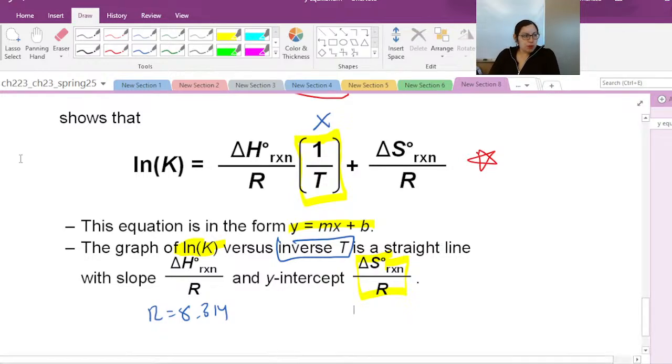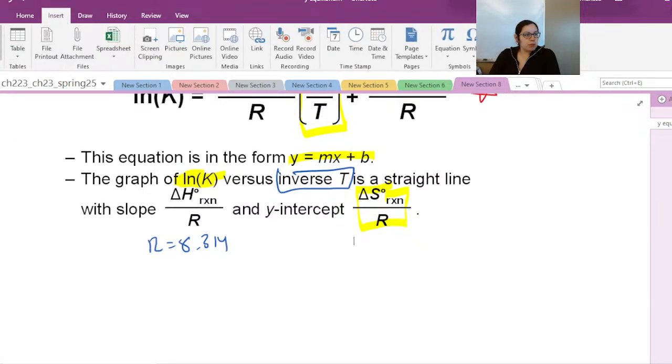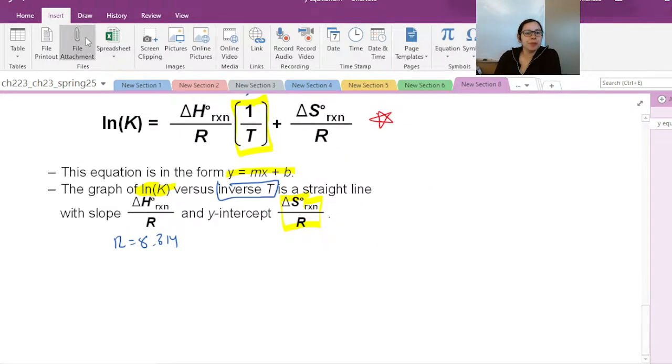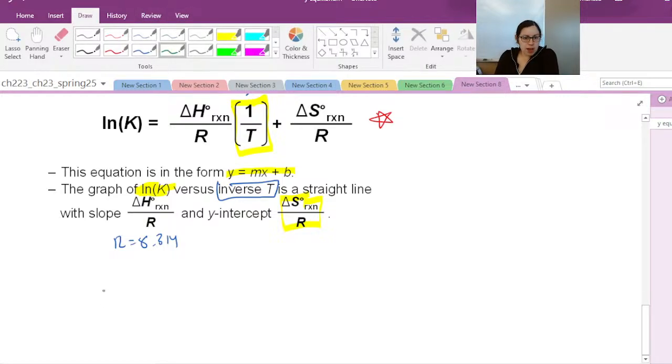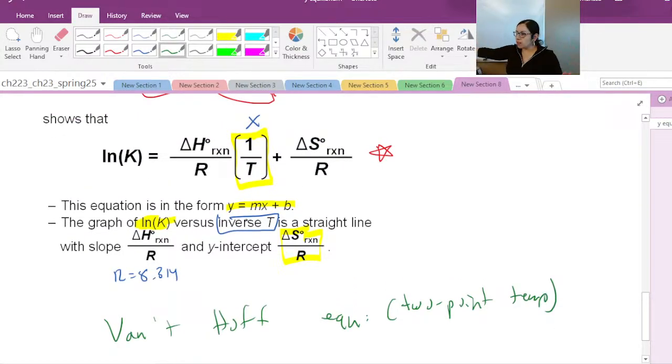And then the other form, so this is nice, but your book has two other forms of the equation which are going to be useful. So let me write them. We have our Van't Hoff equation from our book. Again, another two-point. This is for when we have two-point temperature. This is nice if we were in lab, plotting something, maybe trying to solve for one of these values.